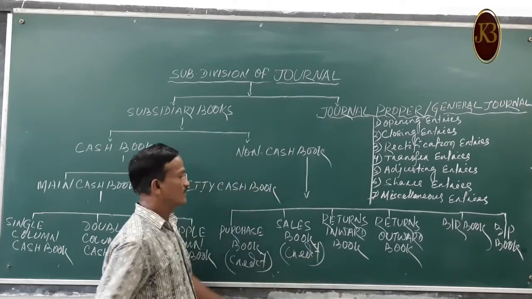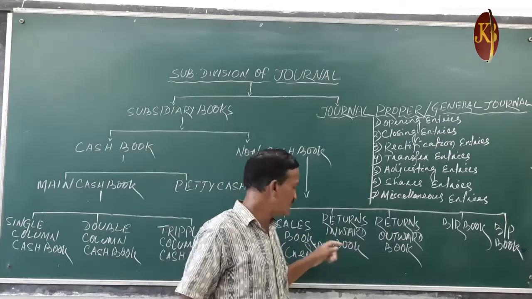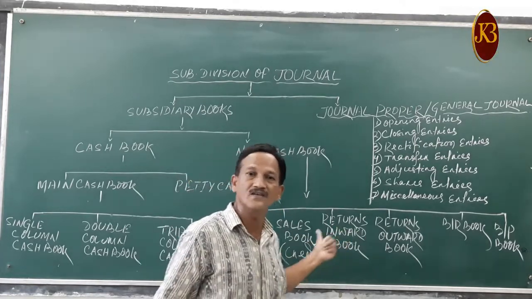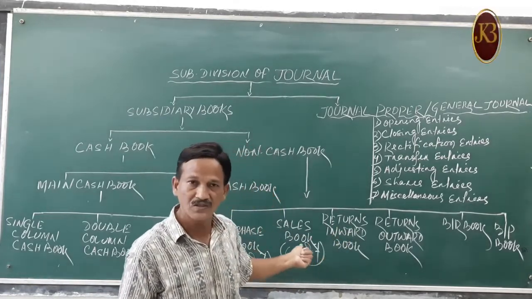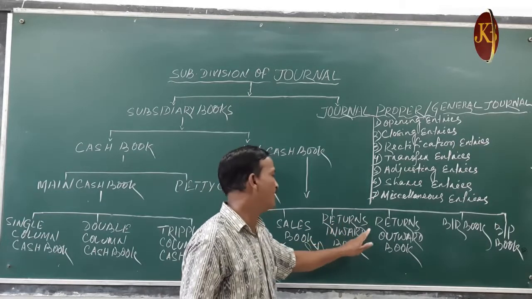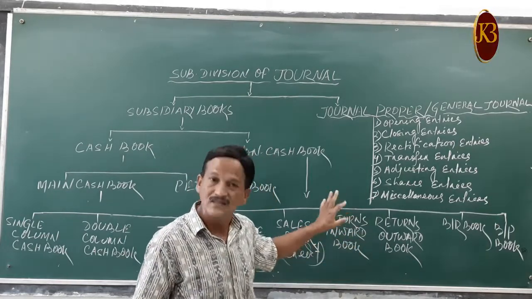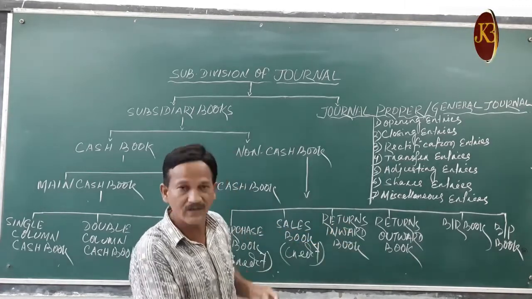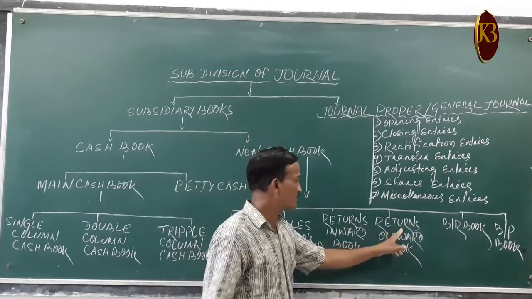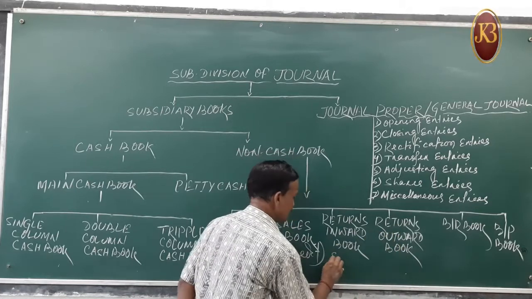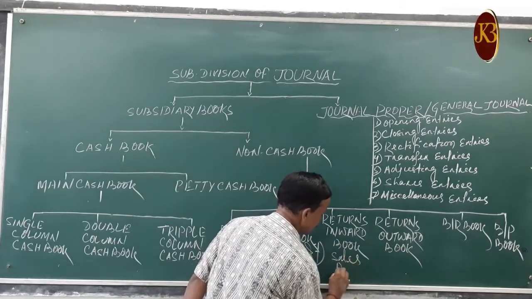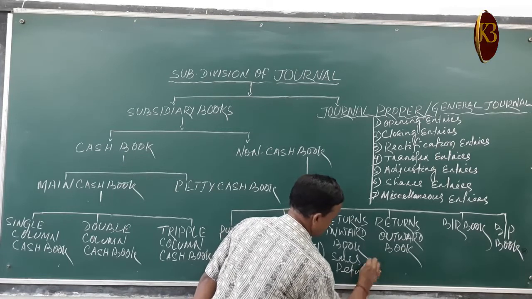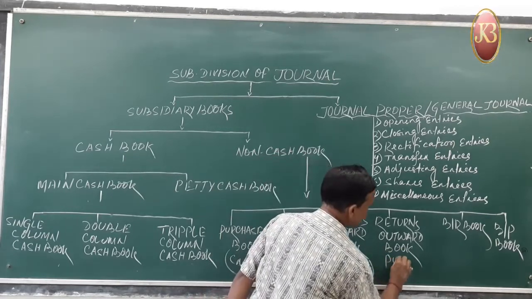Likewise, the returns inward book, meaning credit sales of goods returned back by the customers to the business. So that is the returns inward book, or the sales return book, maintained separately for returns inward transactions. Likewise, there is the purchase return.